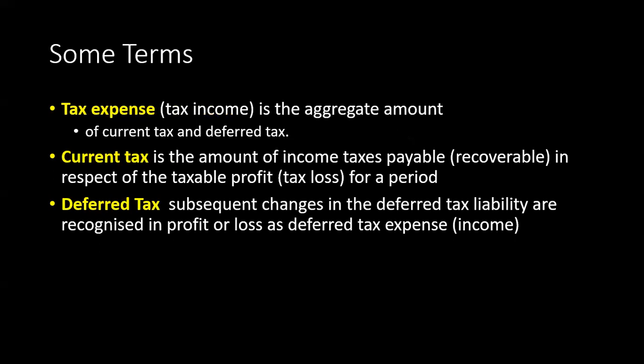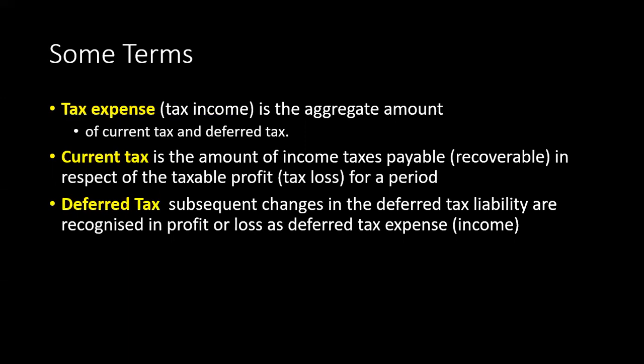One is the tax expense. The tax expense is the summation of the current tax and the deferred tax. Because the accounting profit and taxable profit are not the same, the concept of deferred tax is brought into the picture. So let us first understand these two terms, current tax and deferred tax.